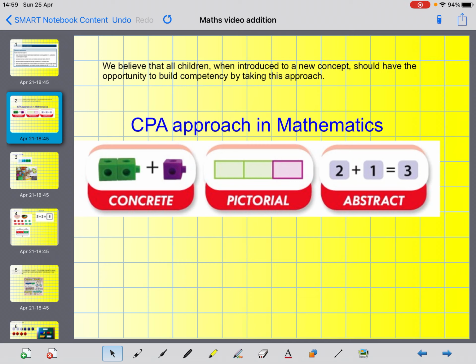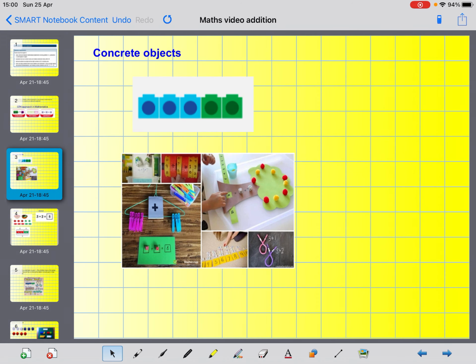For example, if the children use addition, they might draw their own pictures to help them to solve the problem. After the children are secure and solid in the pictorial learning, we will be looking at abstract learning, so using number lines, number sentences, involving mental strategies in the calculation.